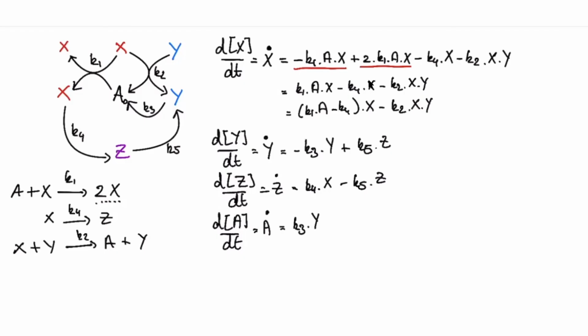It's also being produced in reaction 2, so we have plus k2 times x times y. And it's being consumed by reaction 1, so we have minus k1 times a times x.